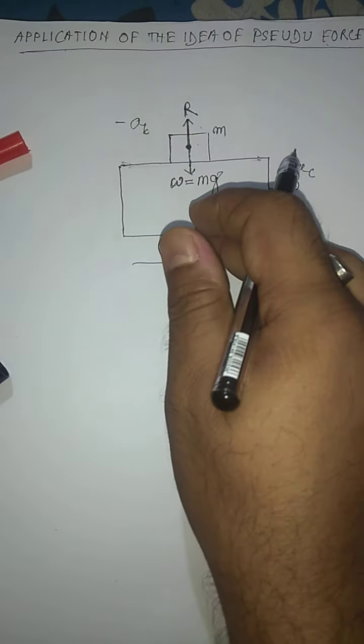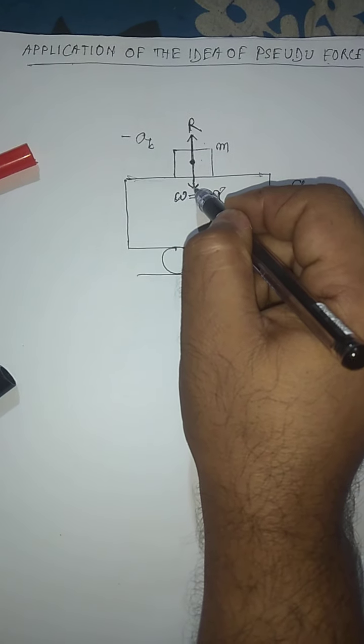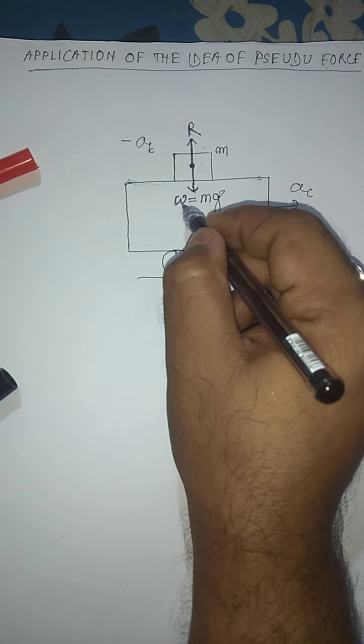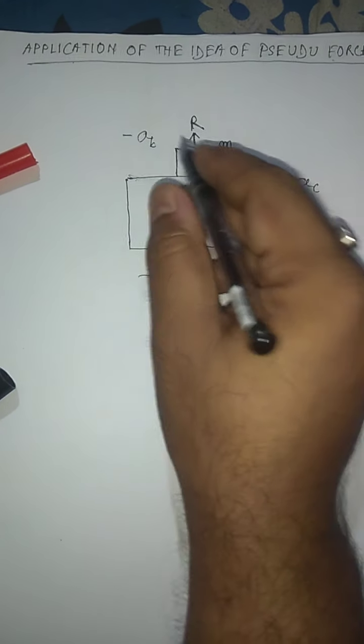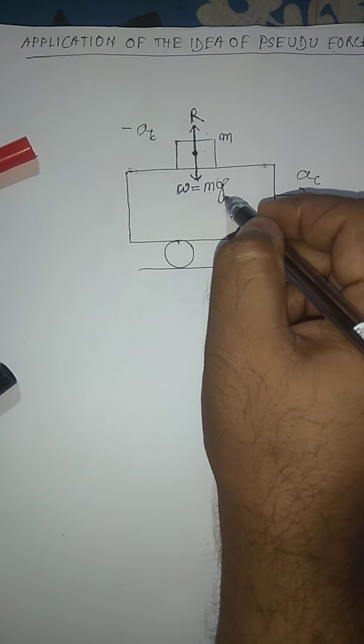Now let's analyze the different forces acting on this block. The force of gravity acts on this block downward, and it's given by W is equal to the mass of the block multiplied by the acceleration due to the Earth's gravity.